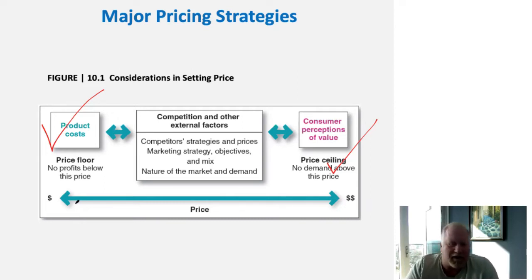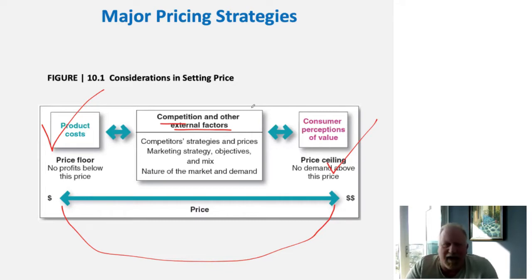So thinking about things between this price floor and this price ceiling is critical for us. And in between, there are many factors. We think about our 4 Ps, and in particular, our price is set as one of those 4 Ps as part of a strategic decision on our mix. So we look at a number of things like the competition, as well as other external factors like market competitiveness in general, the affluence of the customer, the size of the customer base.